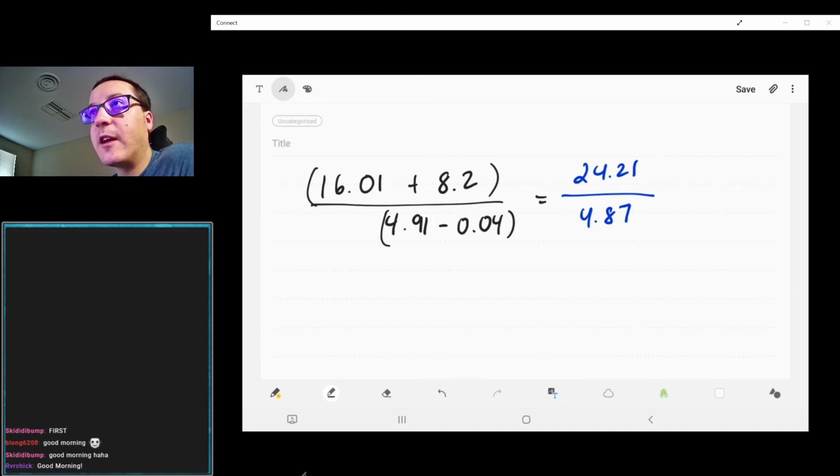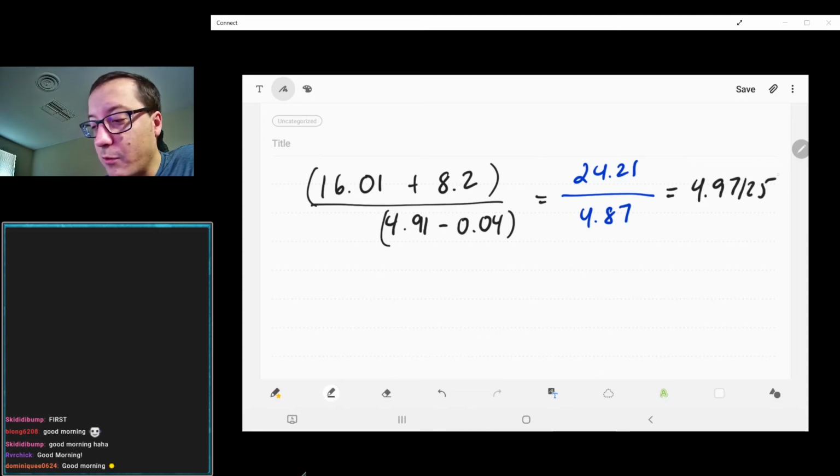So I've done the addition and subtraction for us, at least numerically speaking, but I have not done the sig figs for this yet. And if I were to do this next part, by the way, I would get 4.97125, whatever. That's enough for us.